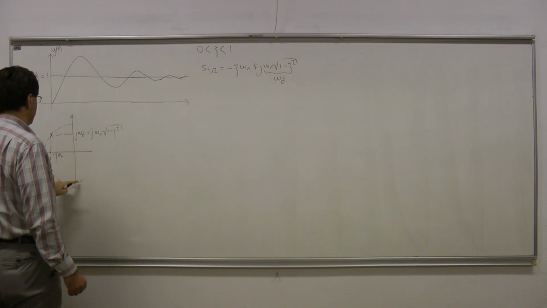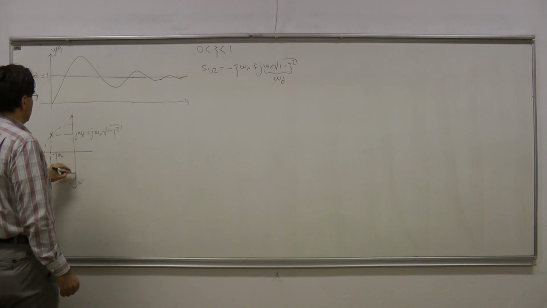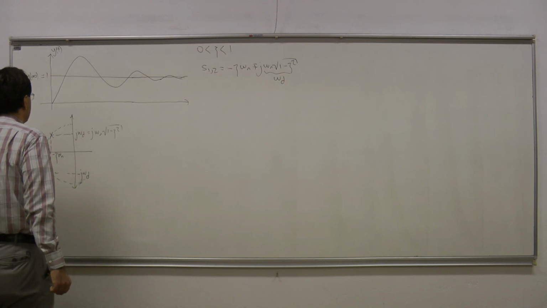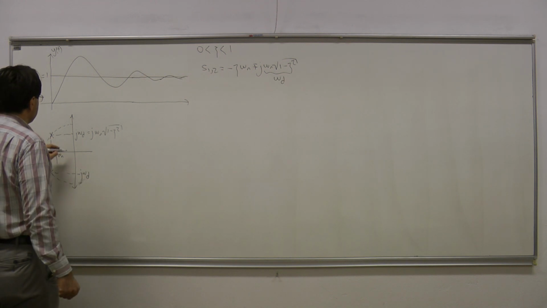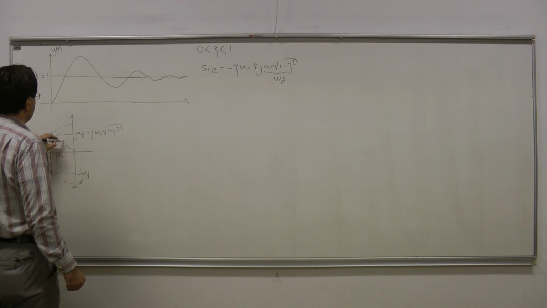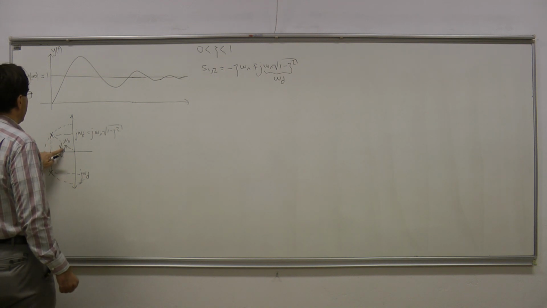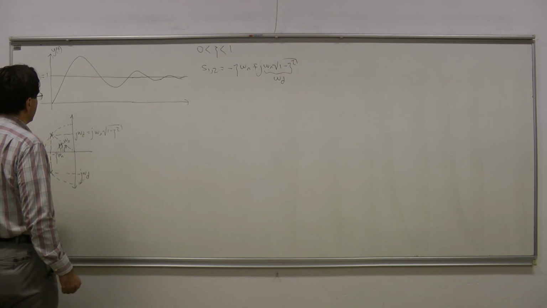And here I have the imaginary part of the conjugate root. The next thing is this distance is omega n, and remember we have defined this angle as the angle phi here.